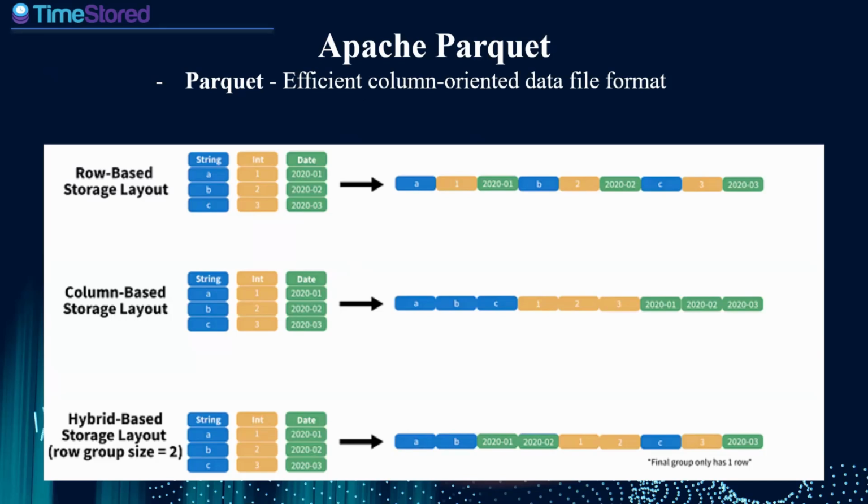Parquet is a hybrid of that, so they're trying to get the best of both worlds to a degree. It has the concept of row groups, so let's say it takes the first 1,000 rows and stores them column sequentially. This example has a row group size of 2, so it stores A, B, and then it goes to the next one. So it's a hybrid structure.